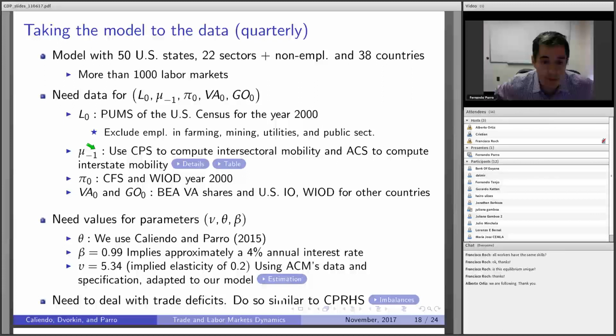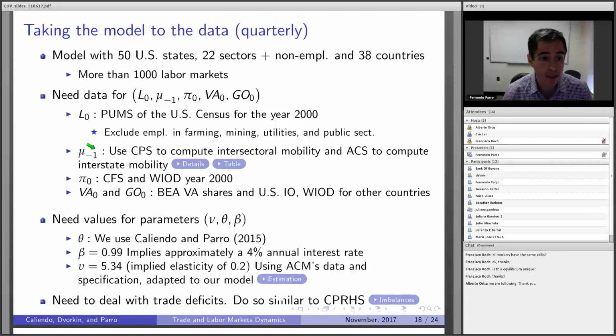Remember that in the model, households can choose to go to a non-employment sector in each period, and we're going to have 37 other countries and China. So again, we're going to have a model with 50 US states, 22 sectors, and 38 countries.